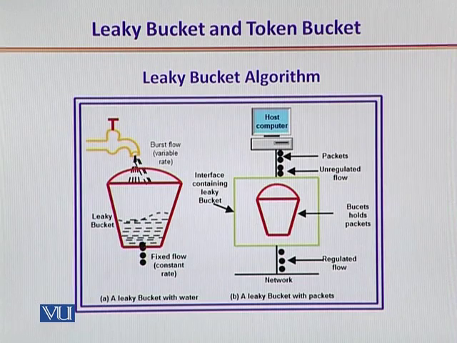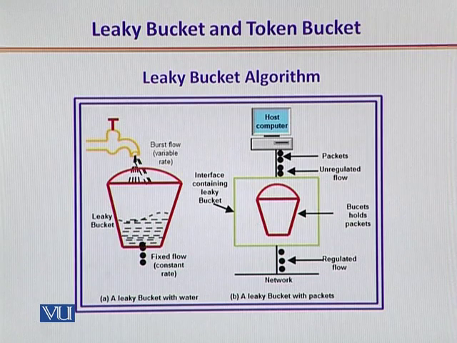If we compare it to its implementation on a physical network, we have a computer that is generating data at its own rate, but the rate at which the network agrees to forward its packets is not exactly what the host computer is generating. So how can this be handled? This can be handled by a software program on a router that implements a leaky bucket.